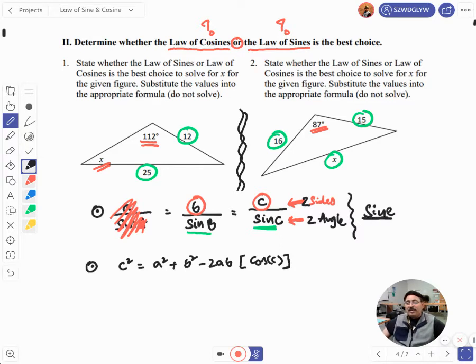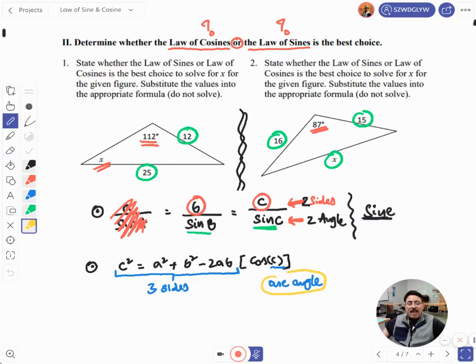Now, coming to the next one, c squared, a squared, b squared: you know that small a, small b, small c all represent the sides. Therefore, three sides and cos C. I see that here only one angle is given. Okay, let's analyze once again.